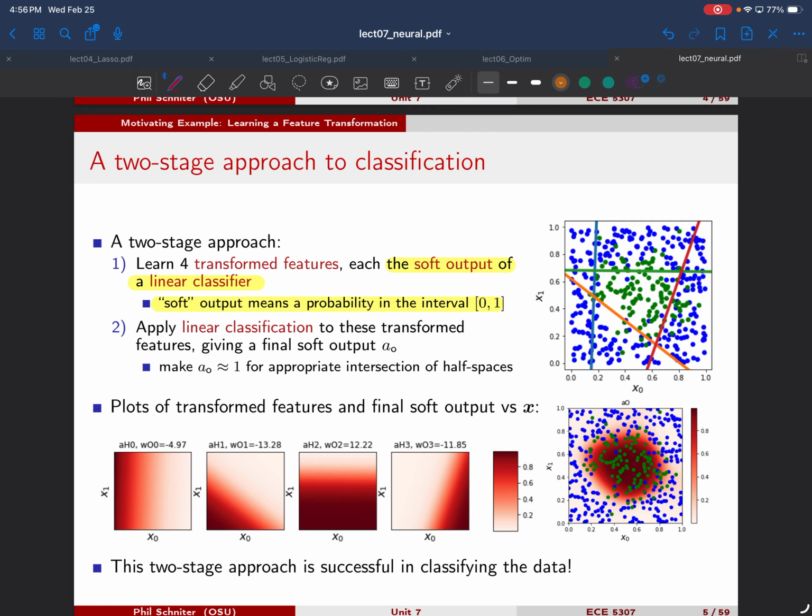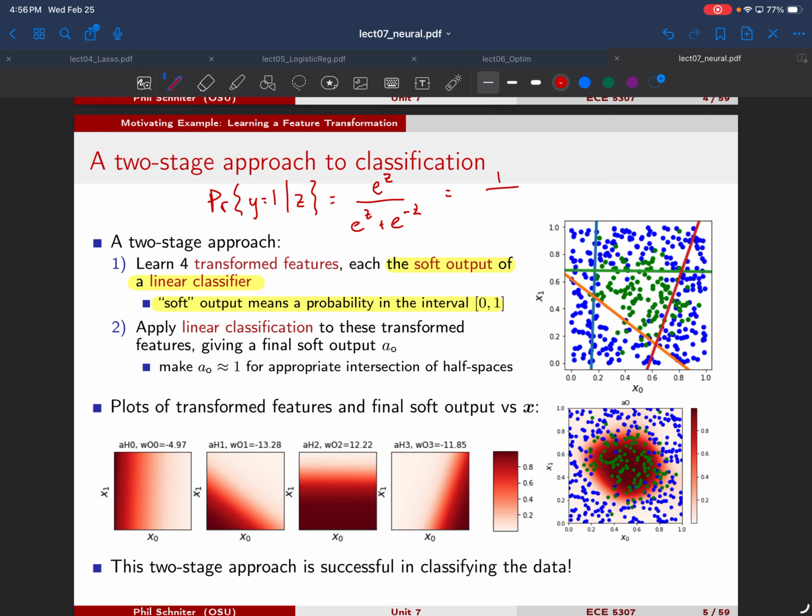And if you remember the equation from logistic regression, the probability that y equals 1 given the linear score z is basically going to be e to the power z over e to the power z plus e to the power minus z. Or you can write it different ways.